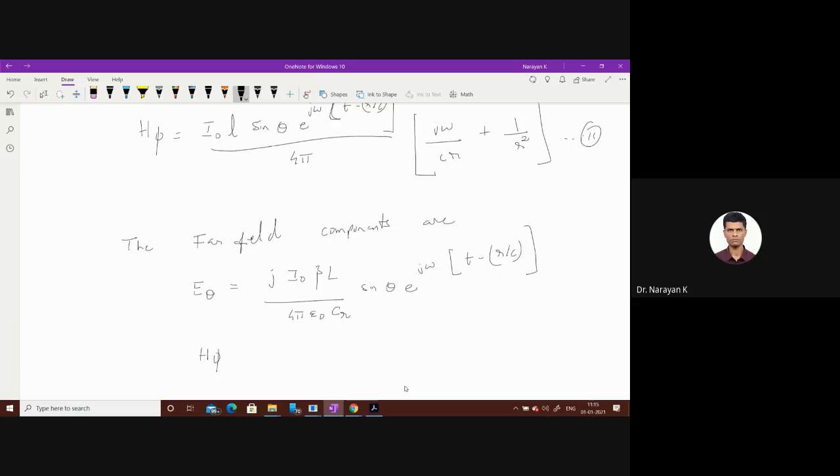Seeing this equation, I'll tell you how to remember this. And H phi is equal to j I naught beta L divided by 4 pi r sin theta e raised to the power j omega (t minus r by c). This will be your equation number 15 and equation number 16.